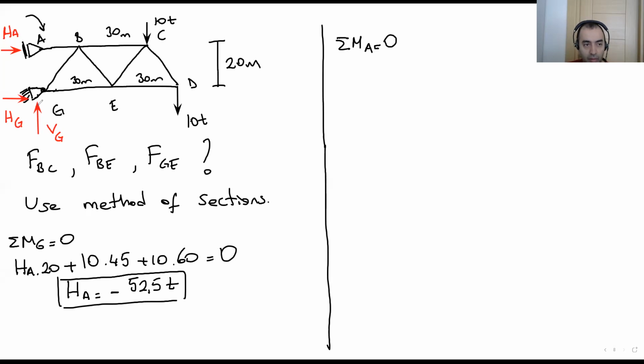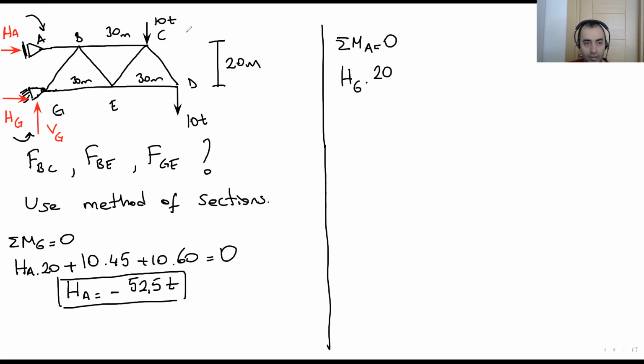Here we have HG, rotates the system in this direction. Let's assume that it's positive. HG times 20. We have vertical G here. It's in the same direction with the point A. There is no moment for VG. Okay.